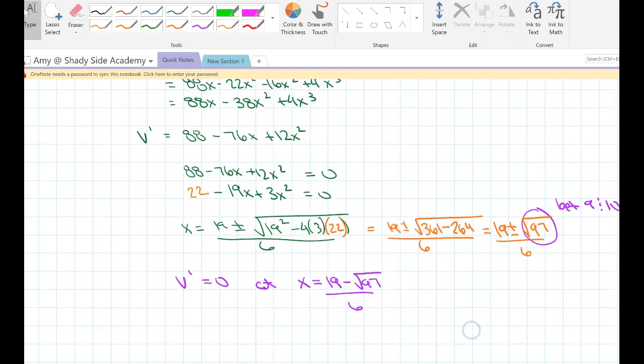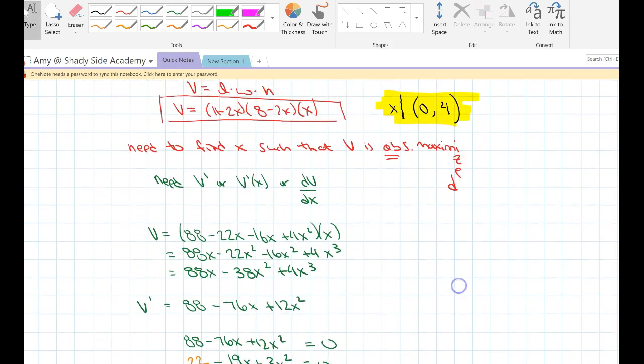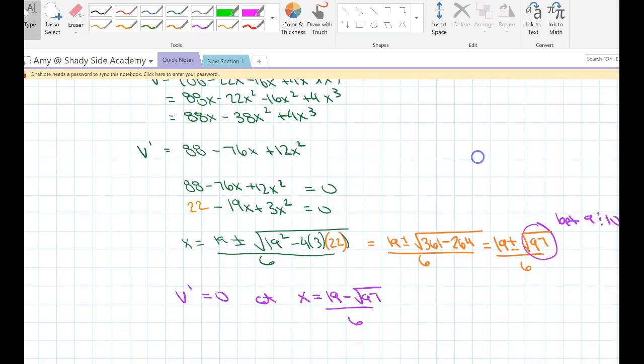But the question to you is, do you want to use the first derivative test for extrema or the second derivative test for extrema? I'm looking here at V prime. I am not too keen on taking V prime, making a number line, and plugging in numbers to the left and right of this critical point over this already small interval.